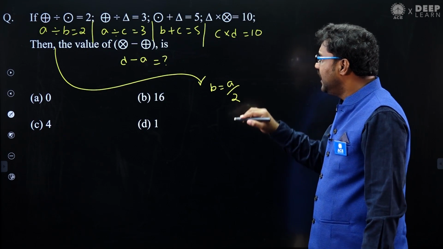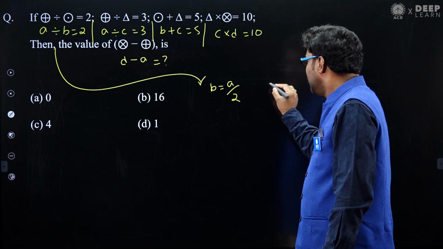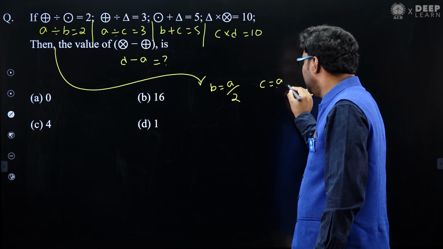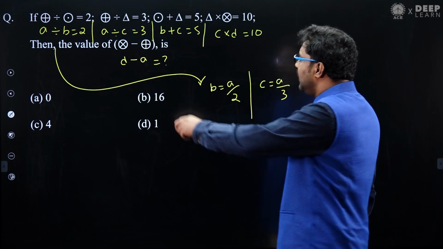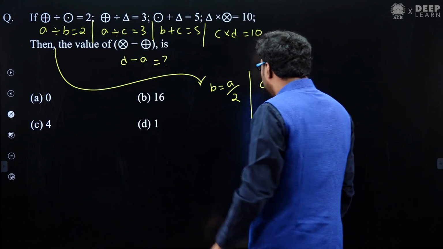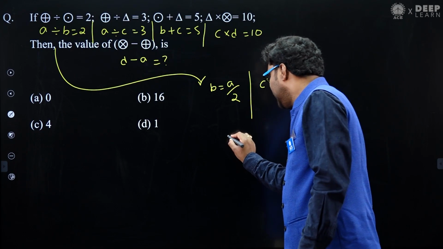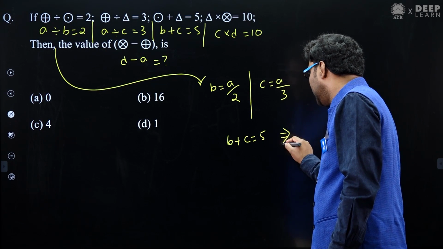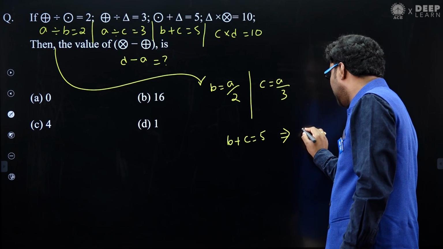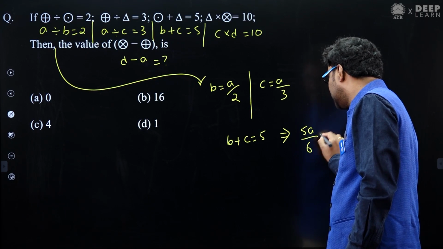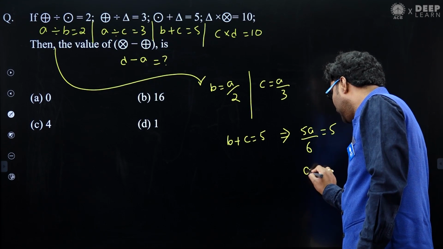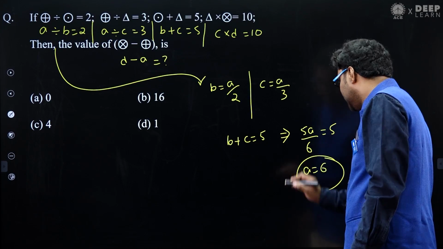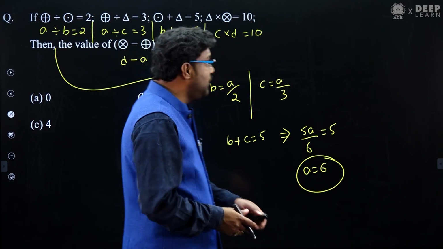From the second equation, C is A divided by 3. From the third equation, B plus C is equal to 5. So A by 2 plus A by 3 gives 5A by 6, which equals 5. We came to know A is 6.